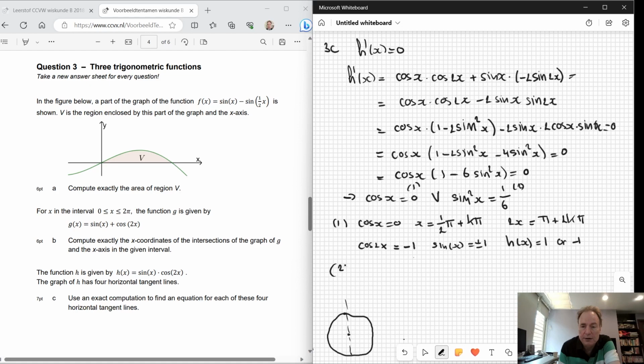And let's look at the other case, where the sine squared of x is 1/6.